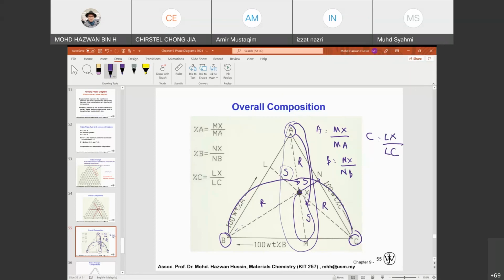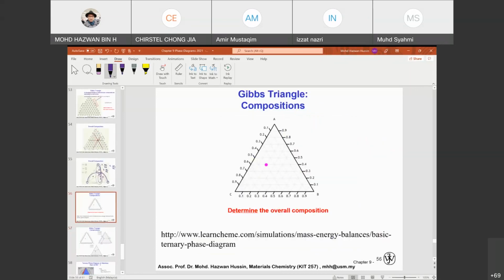Okay, all right. So we have one triangle like this. I didn't show the phases and everything yet because we just want to know how we can read the value. Okay, so you have one point over there. Determine the overall composition. So if you have time, you can copy this link.